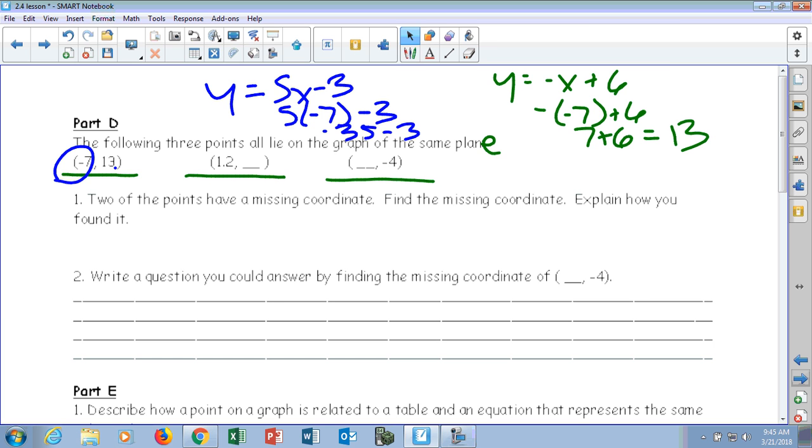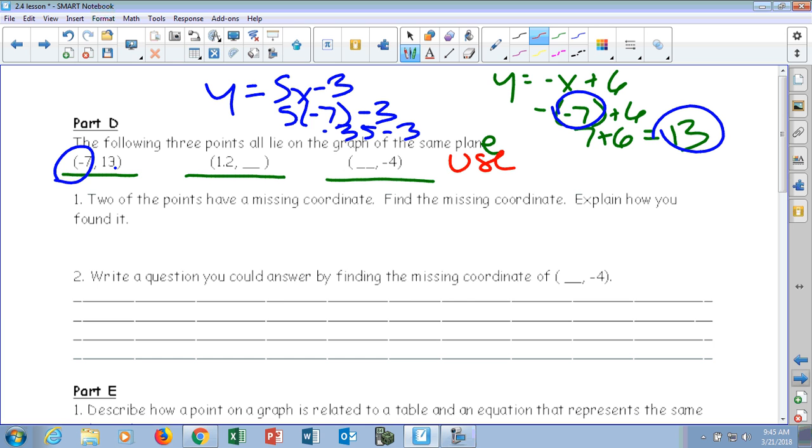So using the points in this equation, I get negative 7 for my x and 13 for my y. So what plan would we use? Exactly. We would use our plan number 2 since negative 7, 13 lies on the graph.